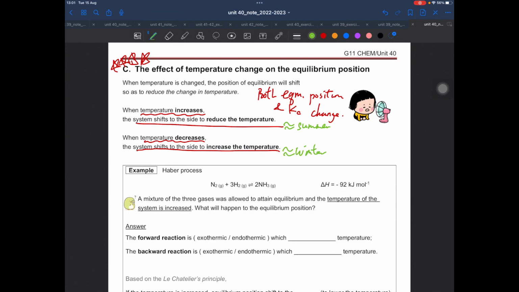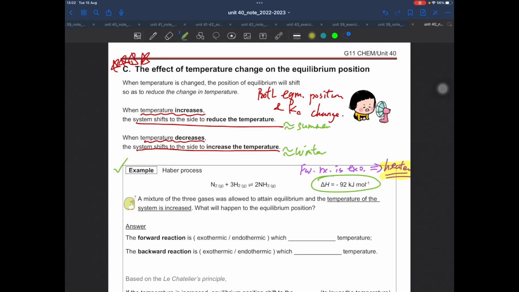Okay, now, how can we use this story in our exam-based questions? Use the Haber process as example. Now you can see this one. Still remember what it means? It means forward reaction is exothermic, right? If forward reaction is exothermic, I will think this is a heater.